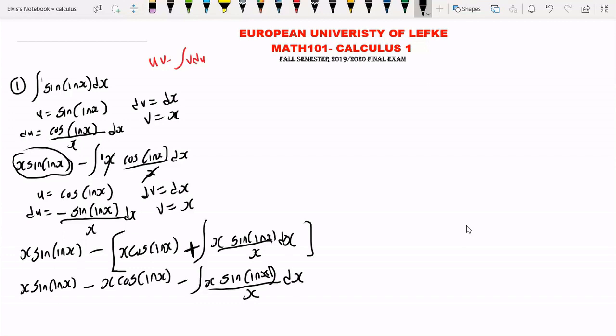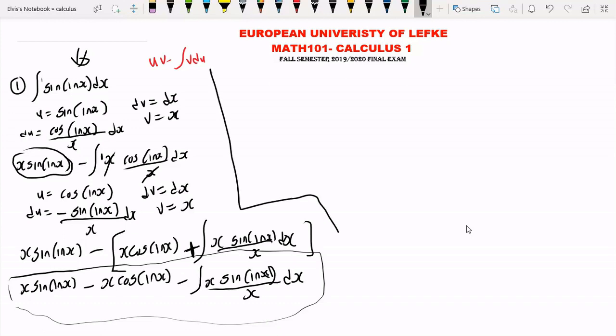Now guys, these values are equal to the integral of sine of ln of s ds.